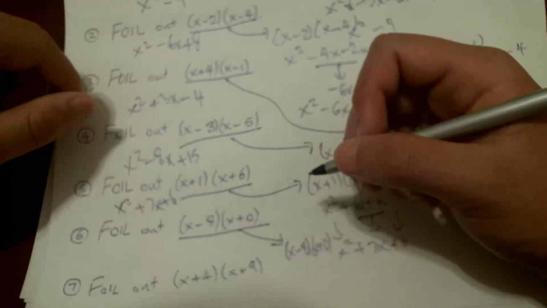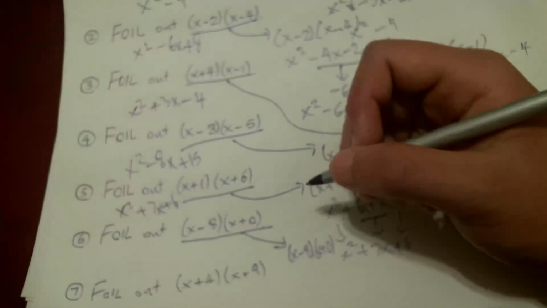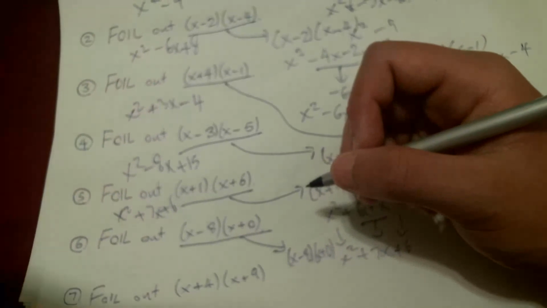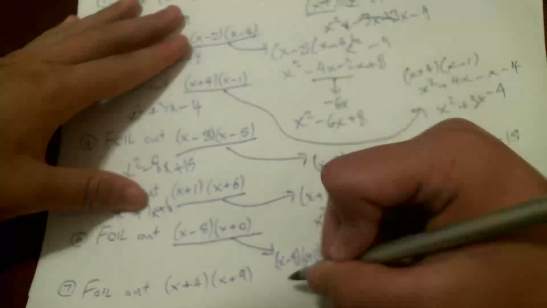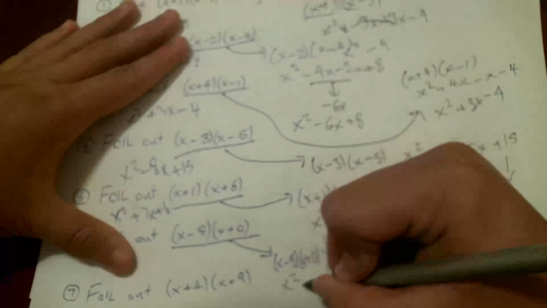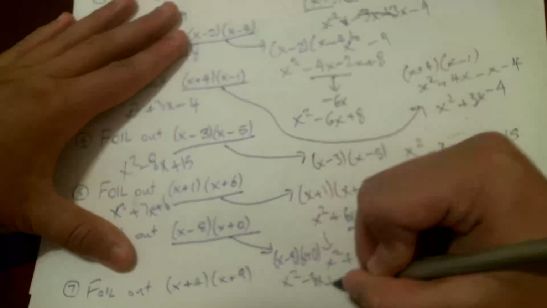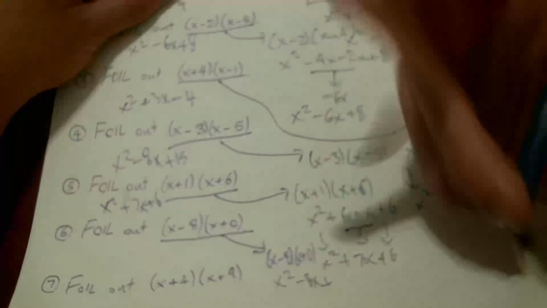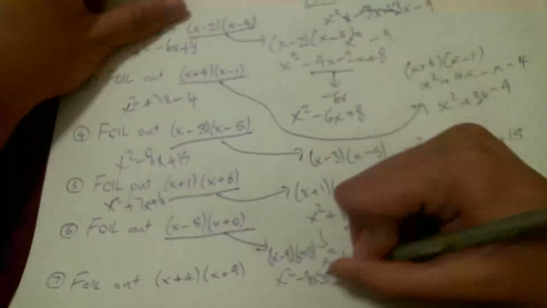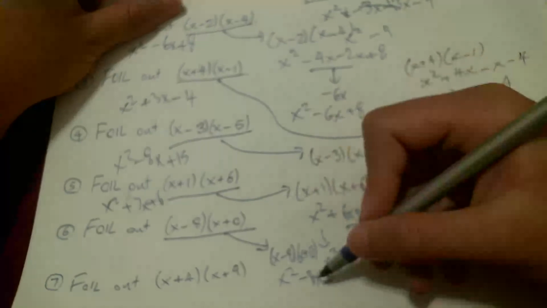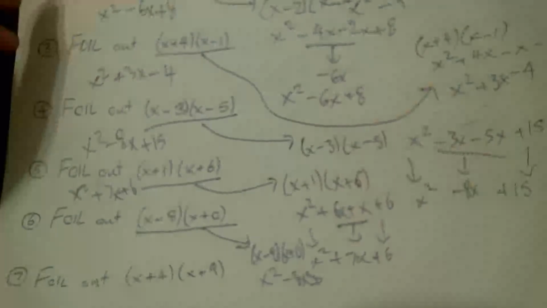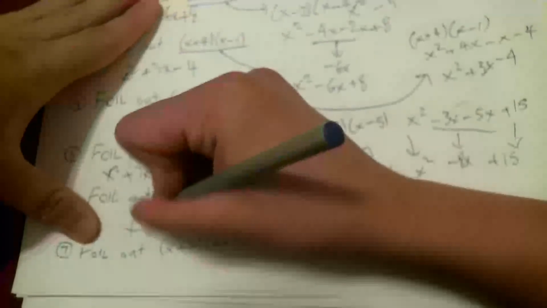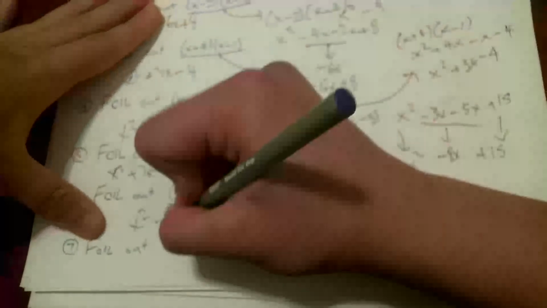And then we would have this as x squared minus 8x plus 0 times x, which is just 0, and then we also have negative 8x. Negative 8 times 0 as well, and that also equals 0, so then we can just have this as our final answer: x squared minus 8x.